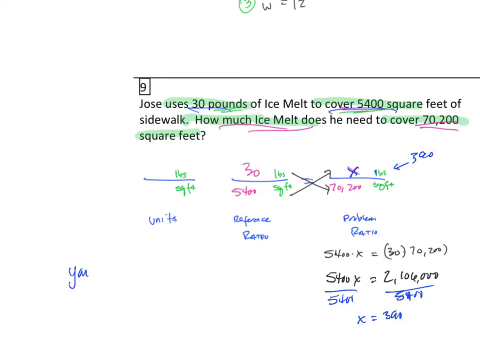You need 390 pounds ice melt to cover 70,200 square feet.